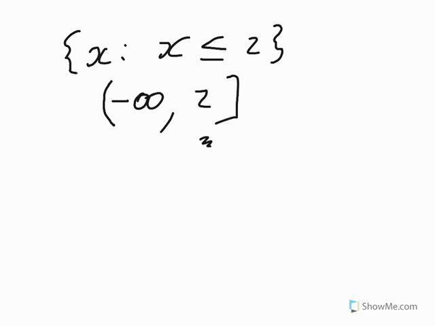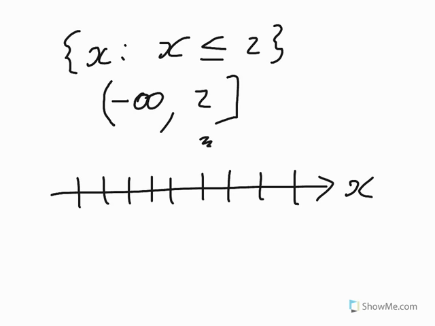Of course, we can do them on number lines, something like x is less than or equal to 2. So here's our number line, and we can do x is less than or equal to 2. It's equals, it's counted in.